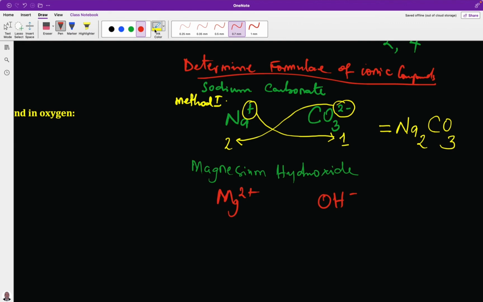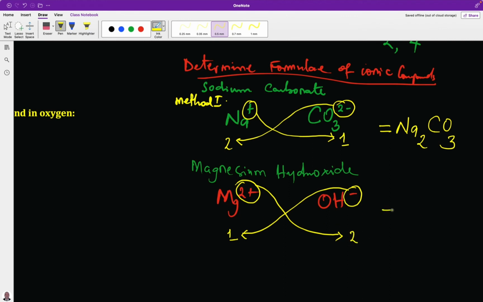The simple way to swap them is the way that we're talking of. This one and this one come here, and this will be 1, and this will be 2.